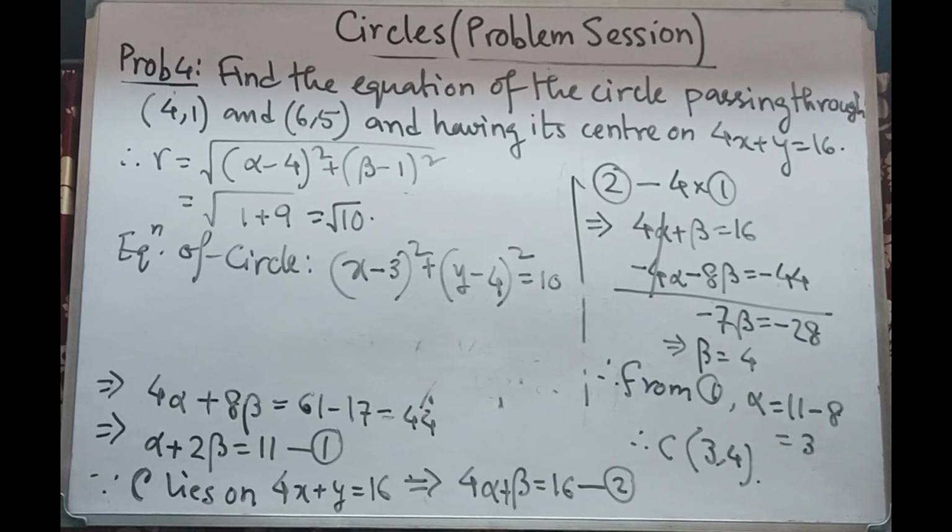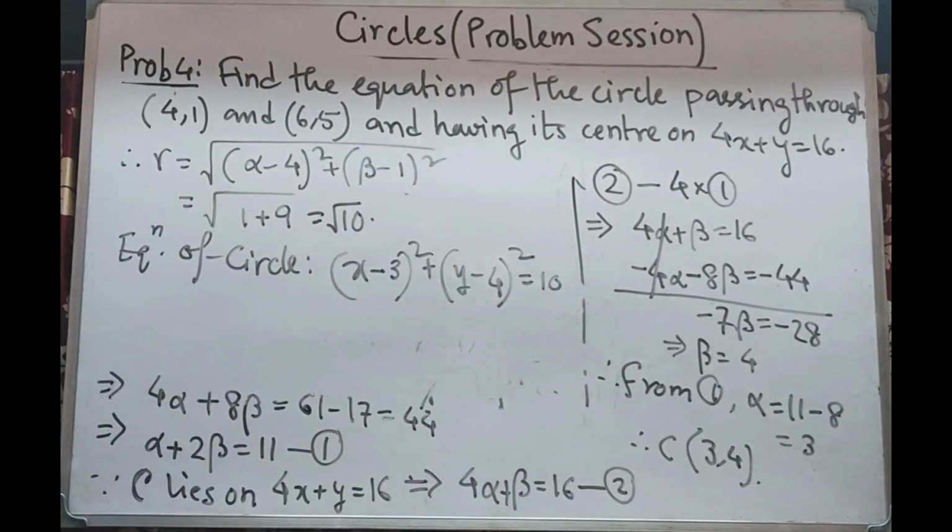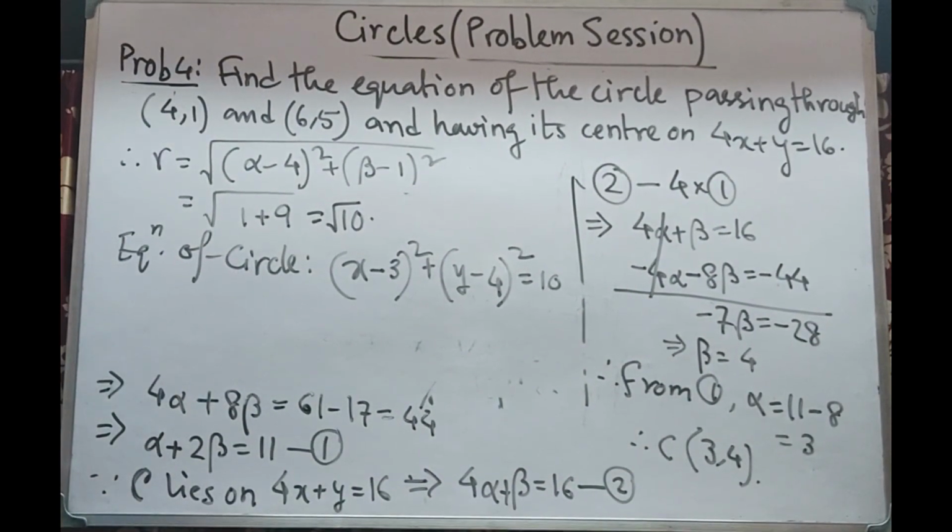So from the relations with G, F and C, you can cancel out C. So you are getting a relation with G and F. So finally solving the equations, you can find the values of G and F and C also. So from that we can find the equation of the circle in the general form.